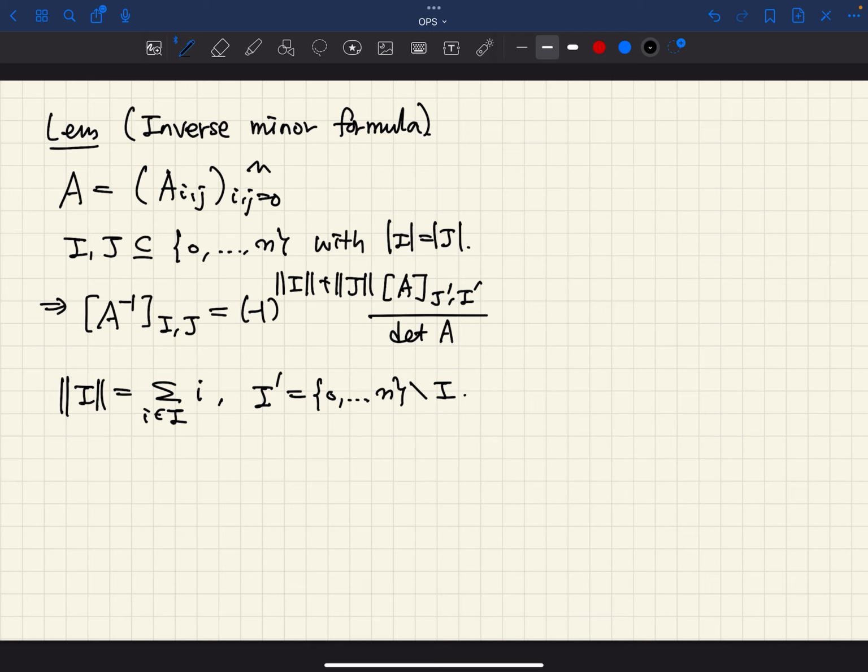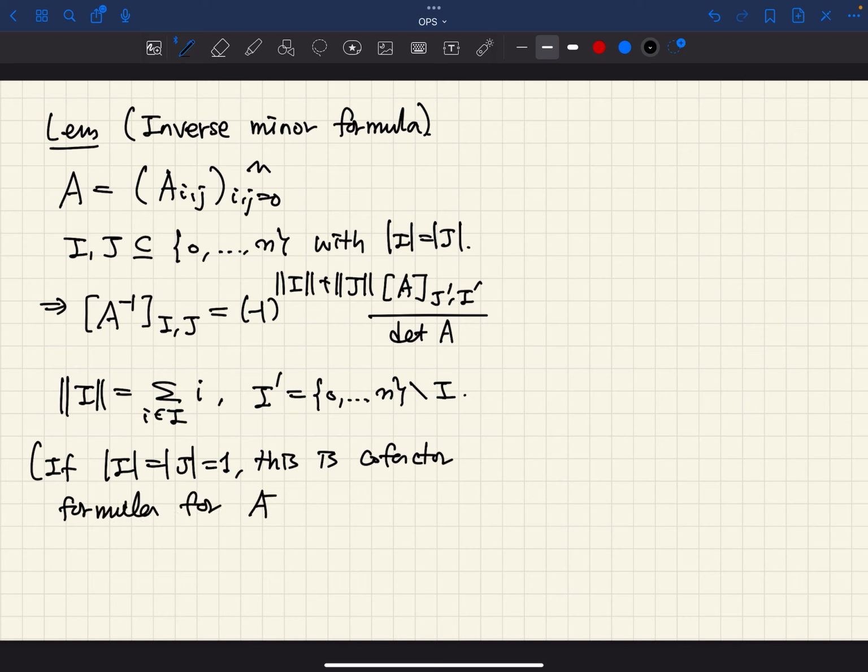In fact, if the cardinality of I and J is 1, then this is nothing but the matrix inverse formula using the cofactor formula for A inverse, which you can always learn from a linear algebra course.